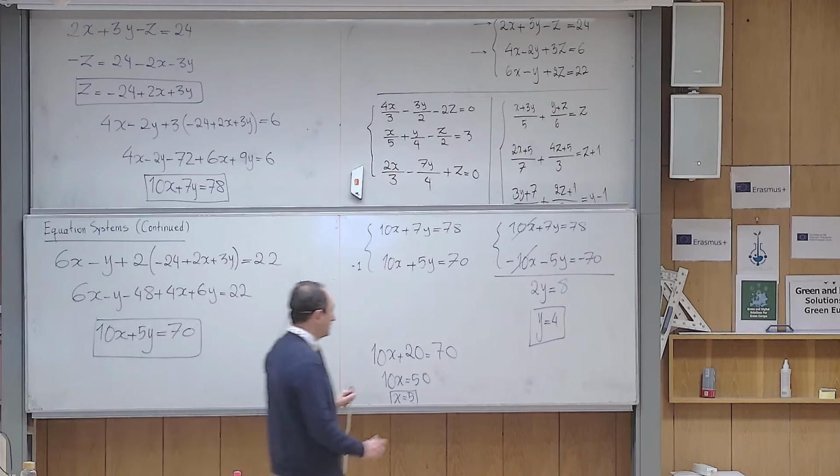So if you calculate this, it becomes minus 2. So z is minus 2. And then if you want to write the answer, let me write the answer here. So the answer is that x is 5, y is 4, and z is minus 2.